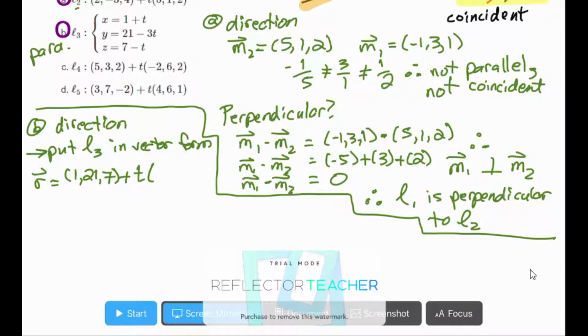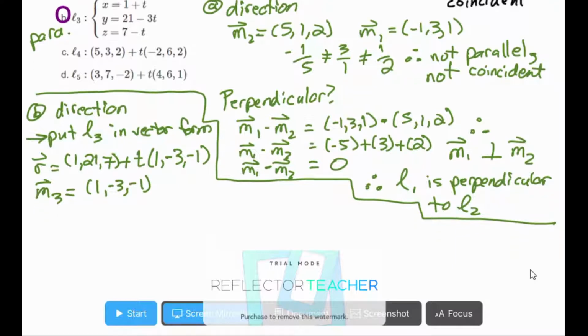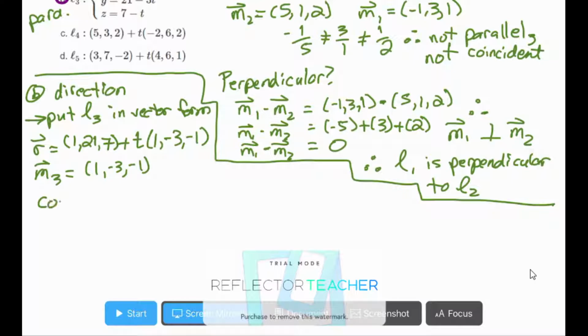So our coefficients were 1, negative 3, and negative 1, and that gives us our direction vector. So our direction vector for line 3, or our M3, is going to be 1, negative 3, and negative 1. Now, just like we did before, we're going to compare the direction vector from our first line and the direction vector from the line that we're considering right now, which was line 3.